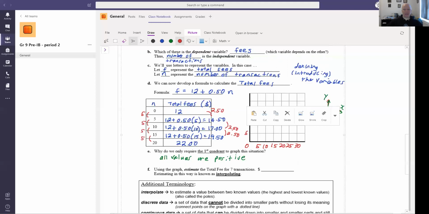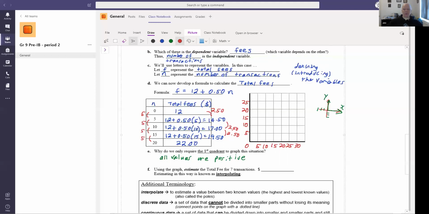So if we go up by the $5 amount, then we see it as, oops, I'll check that in a little bit. And so notice that there's a uniform increase in values and a uniform spacing along the vertical and horizontal axes, and then we'll plot the points.